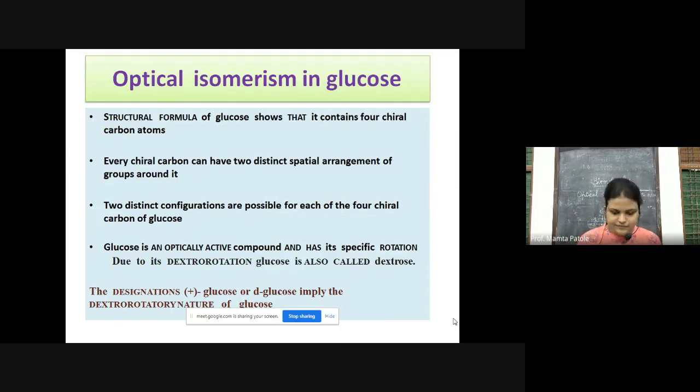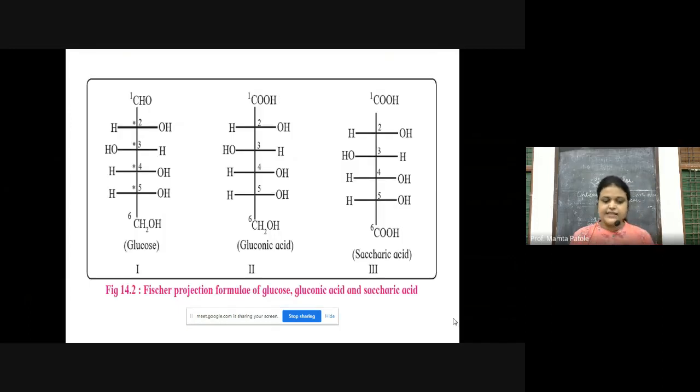Then this is the structure. This is your Fischer projection. The thing you can see on your slide is the Fischer projection formula for glucose, gluconic acid and saccharic acid. Well, students, this structure I've shown you on the slide in the beginning. The difference lies in the third carbon, and there are four chiral carbons in it.